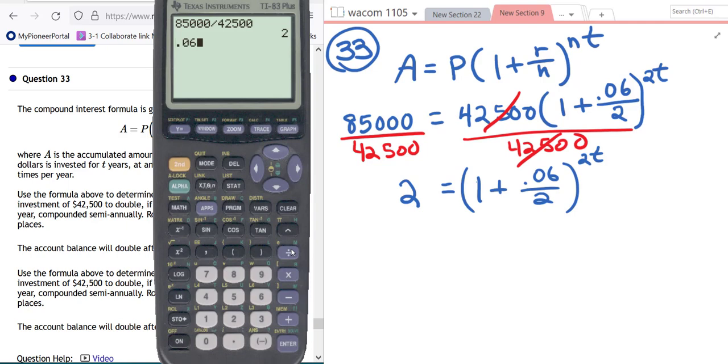You want to make sure that it's always doing the order of operations correctly. Divided by 2, enter, plus 1. All right, so this is 1.03.